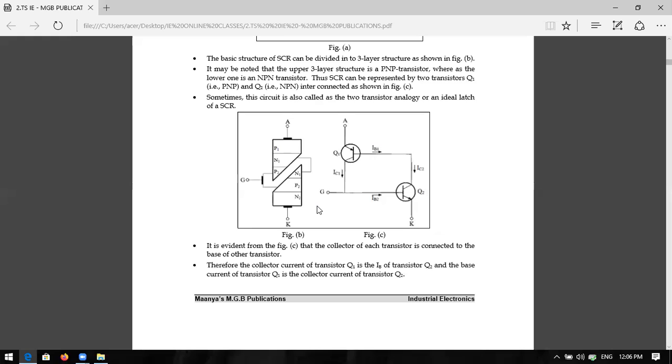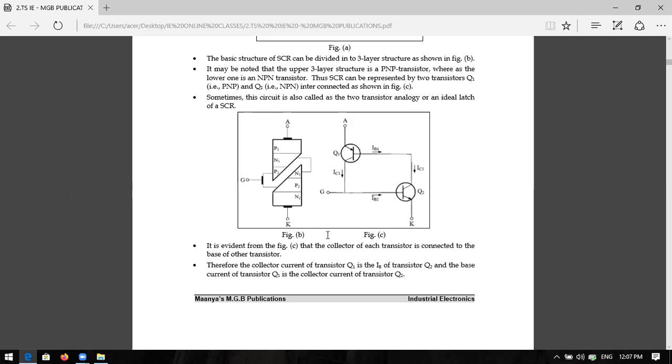So how are they connected back to back? The collector of one transistor is connected to the base of the other transistor. See here, the collector of the PNP transistor Q1 is connected to the base of the second transistor Q2, and the collector of the second transistor is connected to the base of the first transistor.